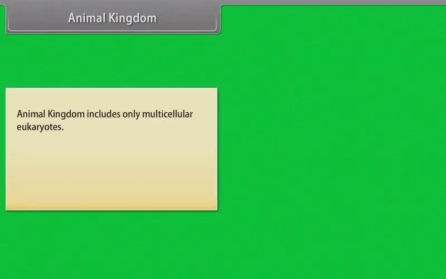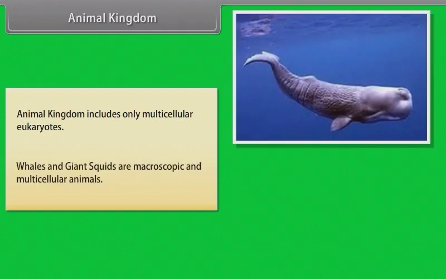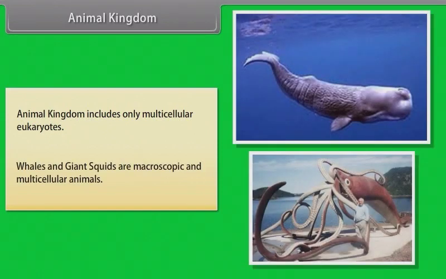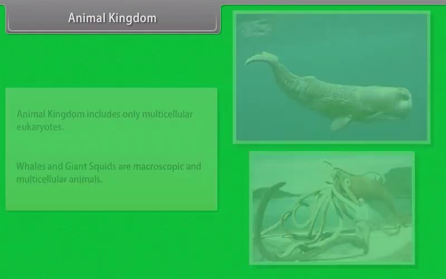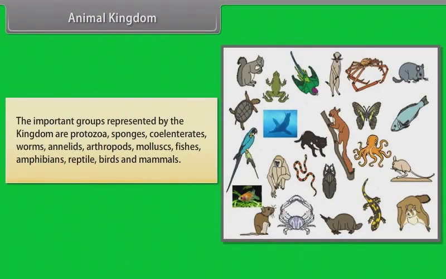Animal kingdom. Animal kingdom includes only multicellular eukaryotes. Whales and giant squids are macroscopic and multicellular animals. The important groups represented by the kingdom are protozoa, sponges, coelenterates, worms, annelids, arthropods, mollusks, fishes, amphibians, reptiles, birds and mammals.